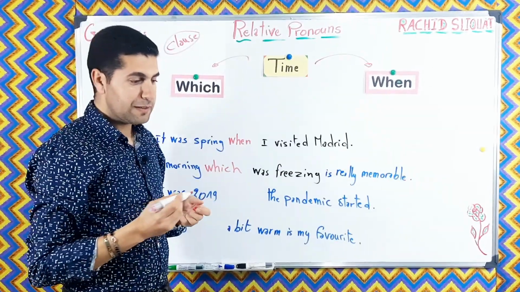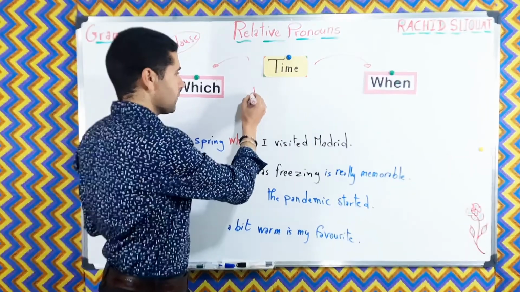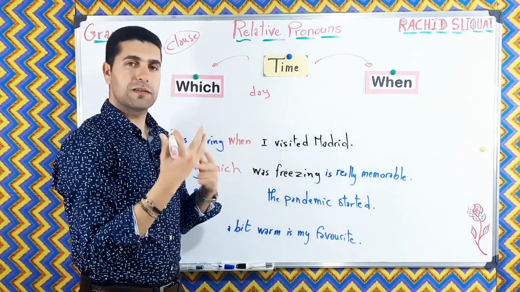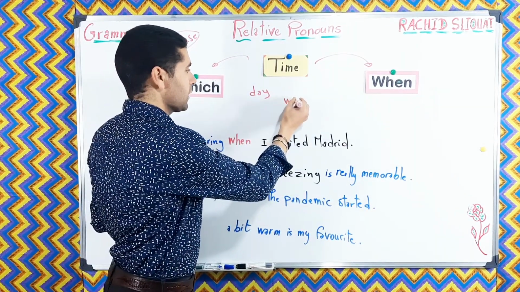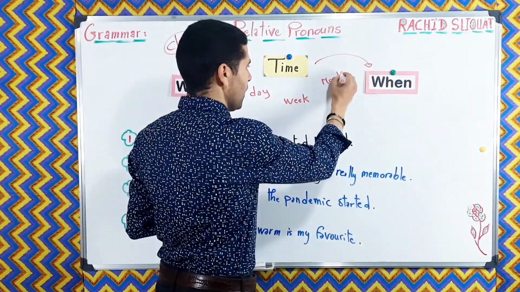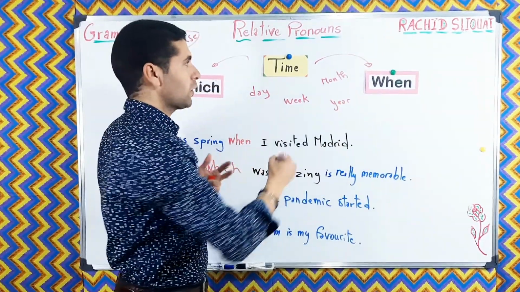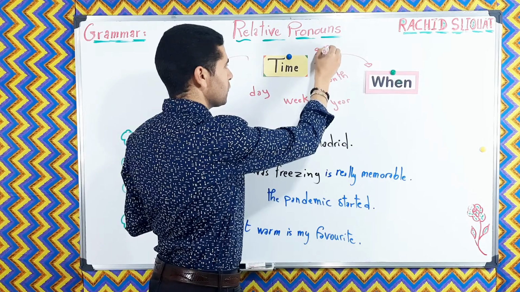Now, when we talk about time, we can talk about something like a day, for instance. So day is something to do with time. We can talk about a week, a month, a year, or a specific year, for example 2022.